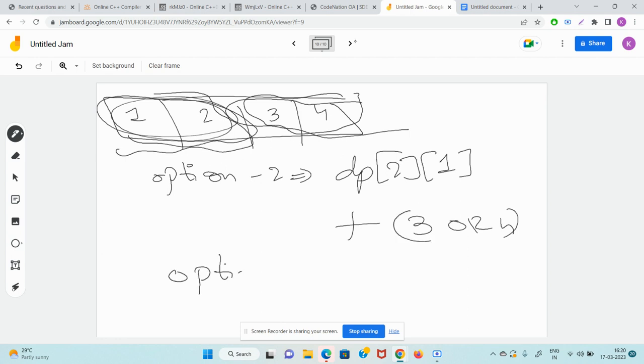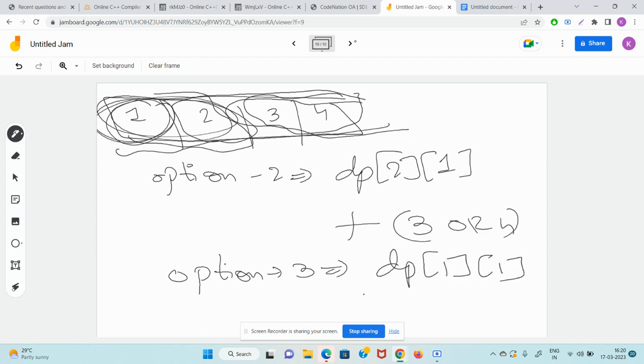Then there is option 3, which is taking the 2, 3, 4 in the last part and the first one in the first part. So it will be dp of 1 plus 2 or 3 or 4. I hope you guys understood what I'm trying to convey. Now let's write the general formula of dp of i of j in the document and then we'll go ahead.